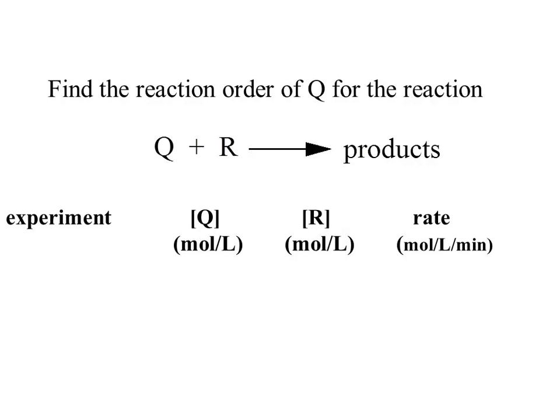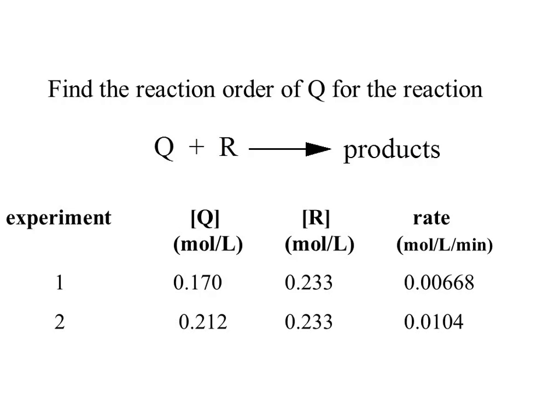So here we have two reactants, Q and R, going to form products. It was run multiple times. And they did this on purpose: when you set up your series of experiments, your experimental design, make it so that you can actually understand your results.